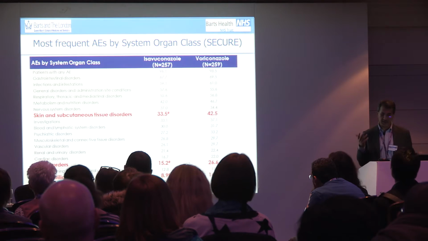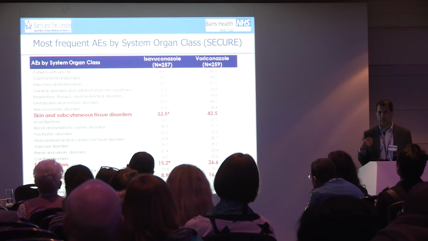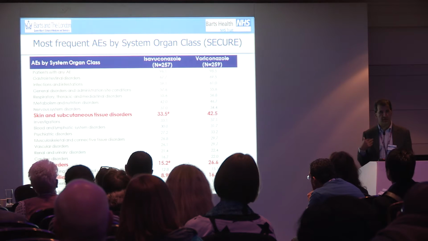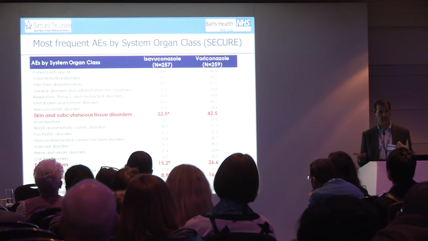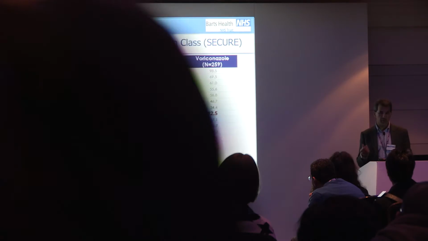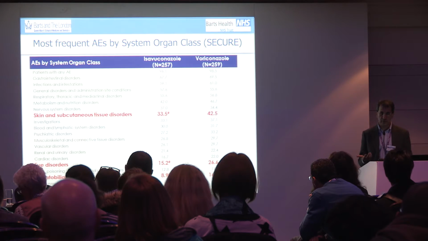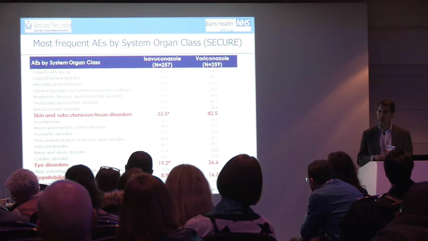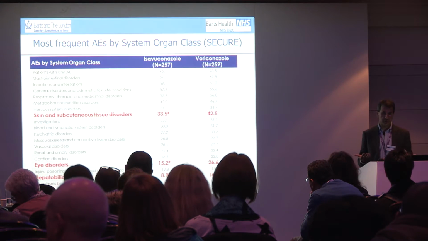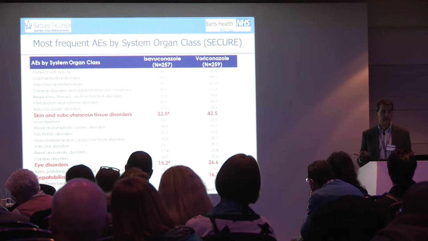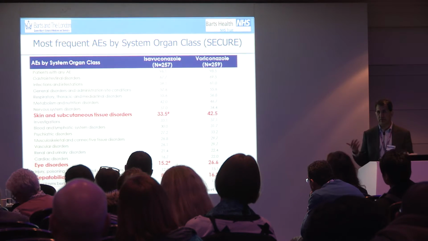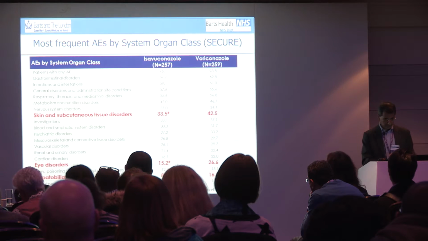You can see basically the two drugs are extremely well balanced, but where there was a statistically significant difference, isavuconazole has less side effects than voriconazole. And probably the two principal things to note here are in terms of visual hallucinations and flashing lights are much less frequent with isavuconazole, and a lower rate of liver dysfunction, which can be an issue with all the azoles.